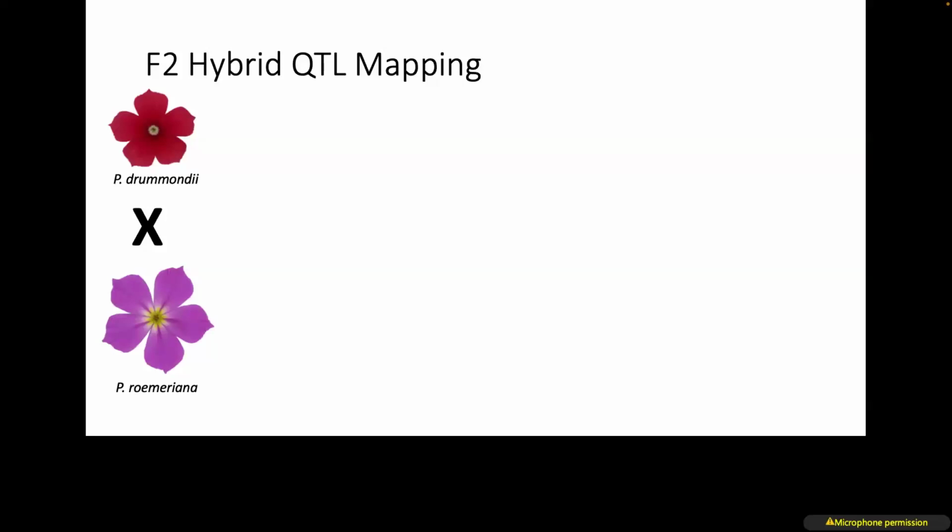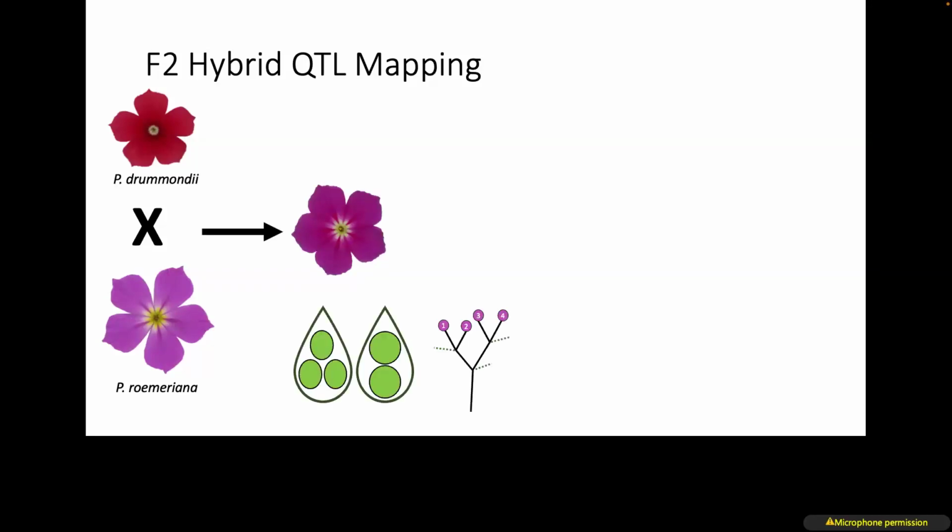So I've taken a parental conspecific drummondii and also a roemeriana, crossed them to produce an F1. These F1s are typically intermediate in phenotype, producing usually 2 or 3 ovules per locule, intermediate flower sizes. They do typically follow much more of a roemeriana inflorescence structure than a drummondii inflorescence structure.